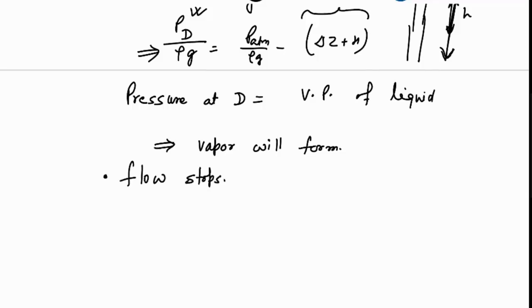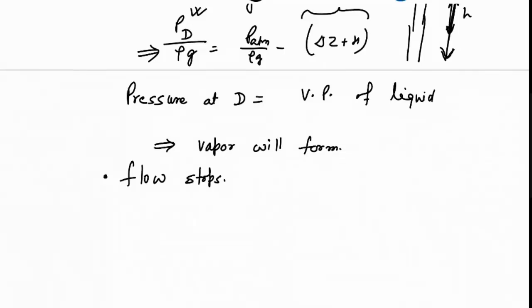But now more vapor will form, and suddenly all this vapor will condense, forming liquid, and again the liquid in the pipe will rush towards this area. This phenomenon, forming a bubble of vapor, is called cavitation, because you are forming a cavity inside this tube.